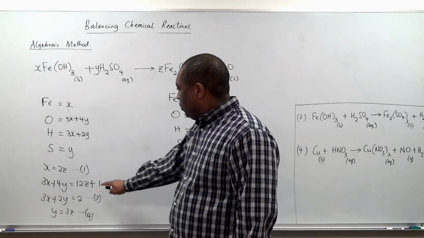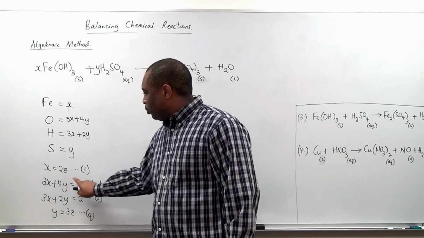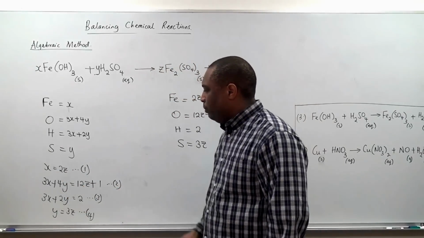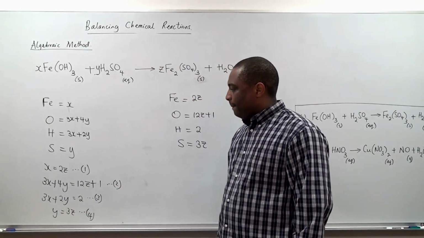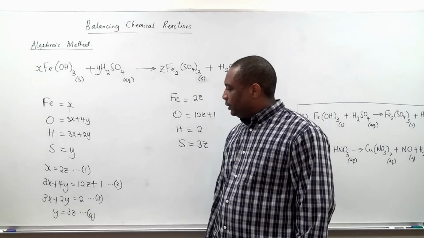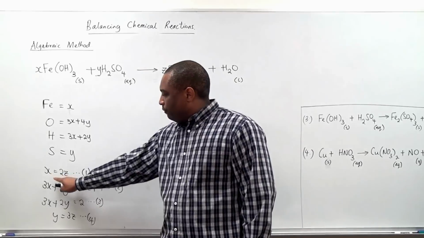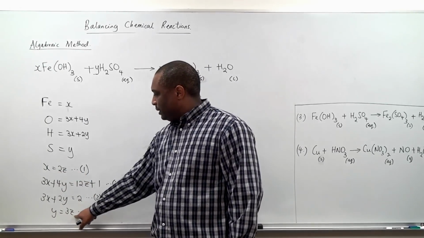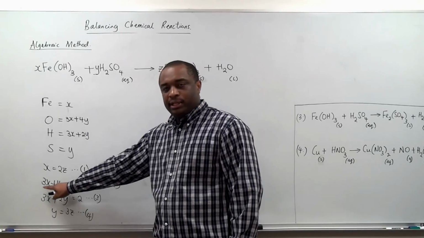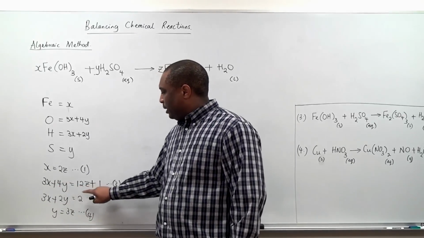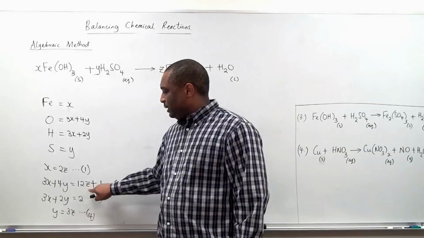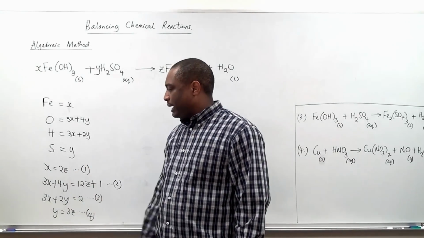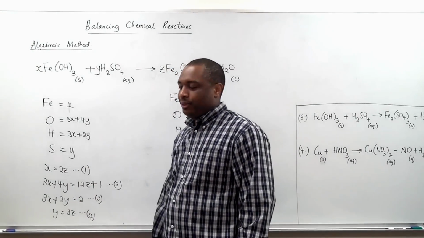We can substitute equation 1 and equation 4 into equation 2 so that we can find Z easily. From equation 1, X is 2Z, and from equation 4, Y is 3Z. So we can substitute here, and then we have everything in Z, and we can easily get Z. And once we get Z, then X and Y will be very easy to get.